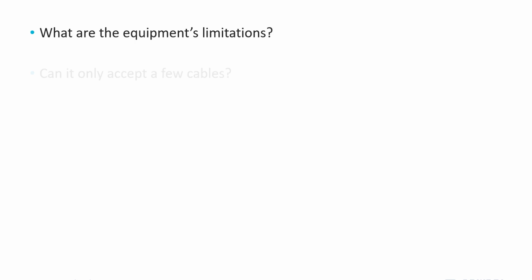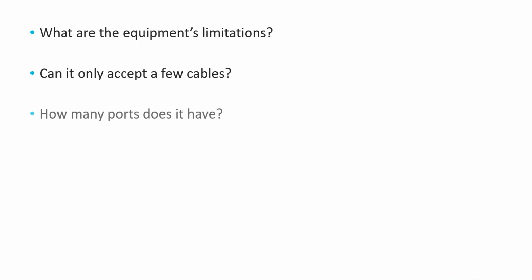So how do you set these up? Well, consider the equipment the drop point represents. What are its limitations? Can only a few cables fit in it? Does it only have a few ports or spaces for fibers?